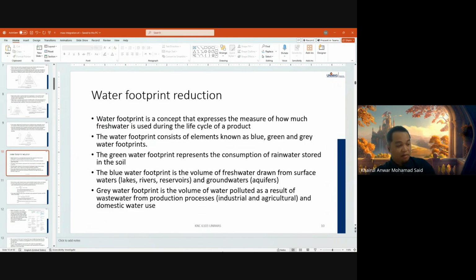Blue water footprint, or direct extraction, is the volume of fresh water drawn from surface water bodies like rivers, lakes, reservoirs, and groundwater aquifers.